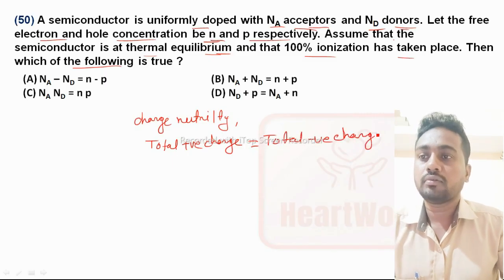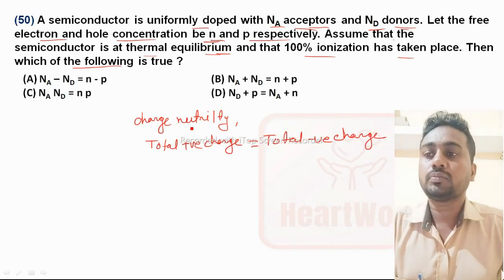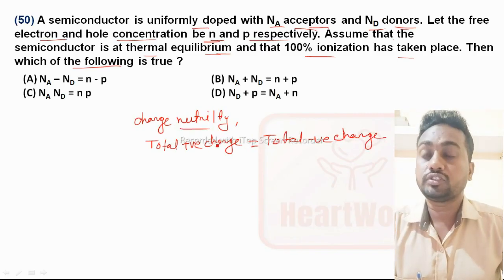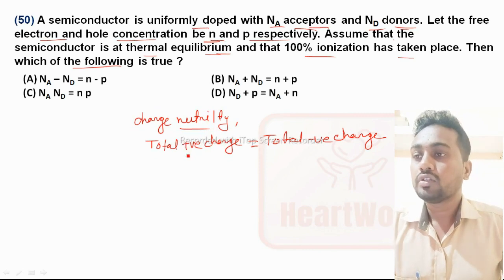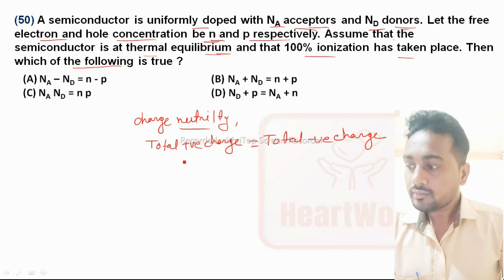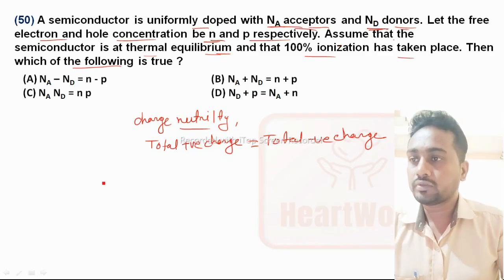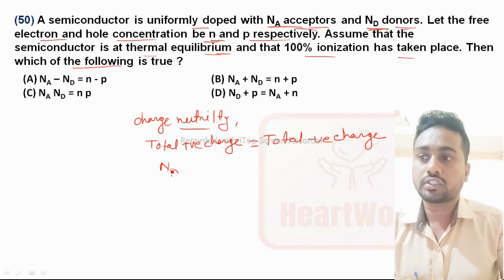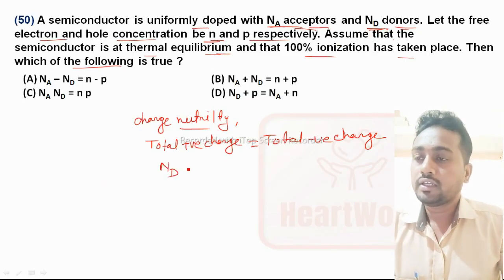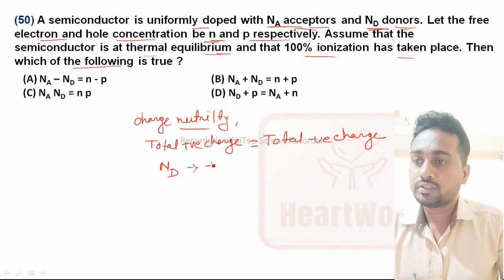This principle is called charge neutrality. Total positive charge: donor concentration, Nd. Donor concentration donates charge, so it is always positive charge.